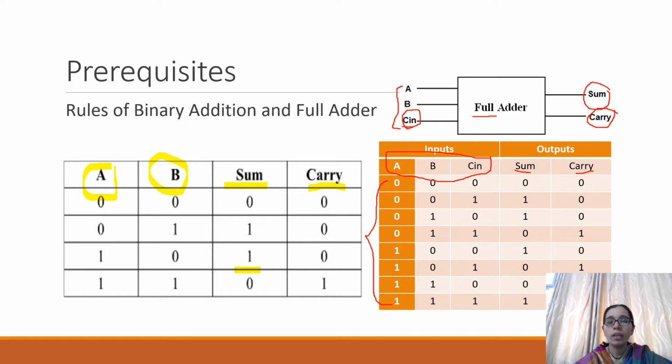So this is the full adder which is used to add the 3 bits A, B and C in, and it produces the 2 outputs sum and carry depending upon the input given. Let us try one example. Here A is 0, B is 1 and C in is 1. So 1 plus 1 is 0 and carry 1. So this is about the first prerequisite, that is rules of binary addition and full adder.